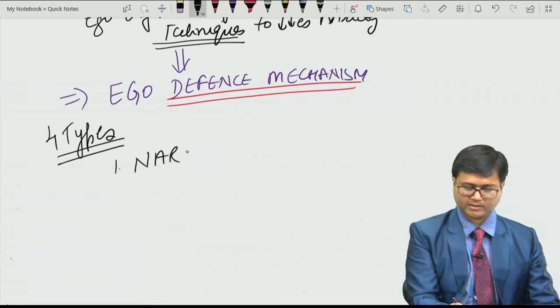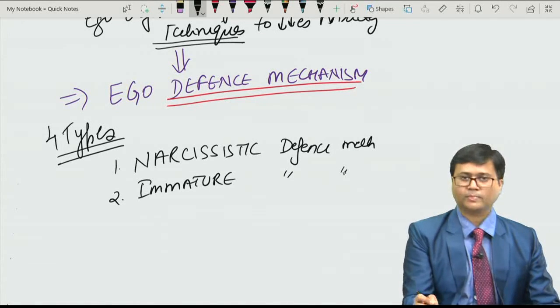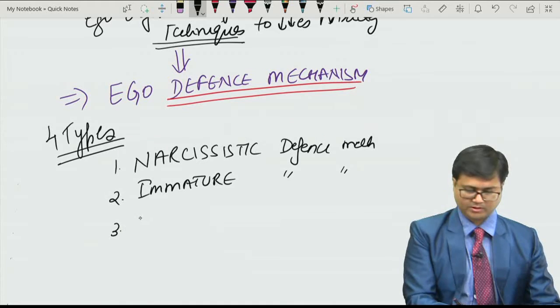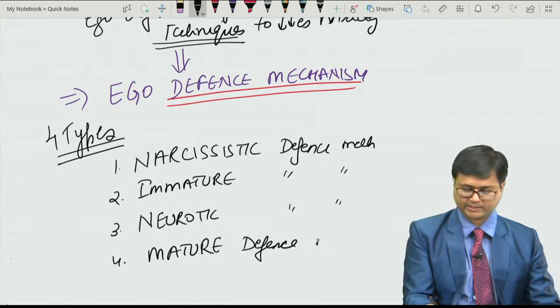Now, there are 4 types of defense mechanisms. First are the narcissistic defense mechanisms, then immature defense mechanisms, then neurotic defense mechanisms, and the mature defense mechanisms.